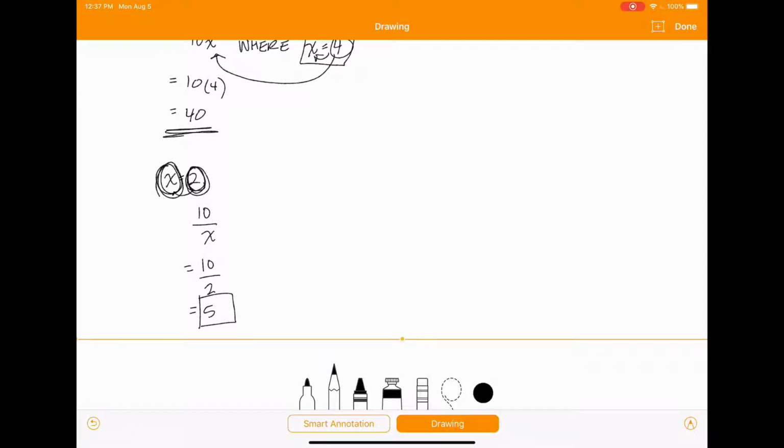Now, these can get a little bit more tricky. If we say that we know that a equals 2, b equals 15, and c equals 3, and we're given the expression a plus b over c plus 17, and we're asked to evaluate this expression, we're going to plug 2 in for a, 15 in for b, and 3 in for c.